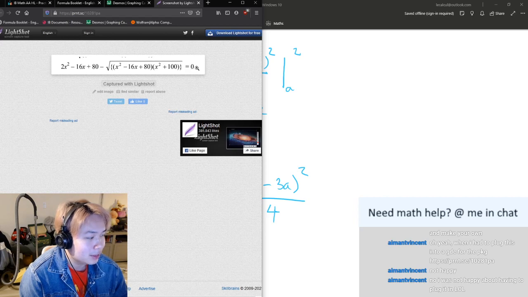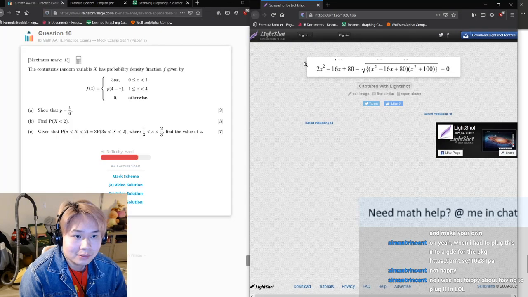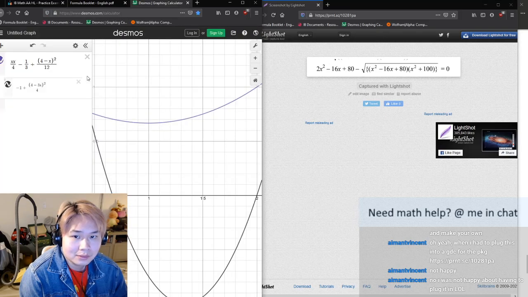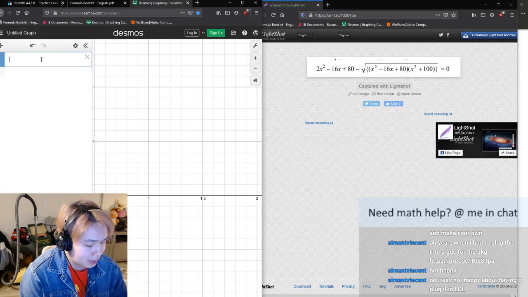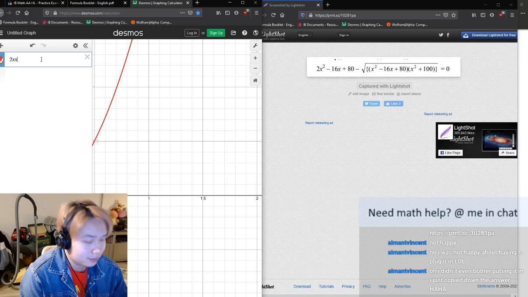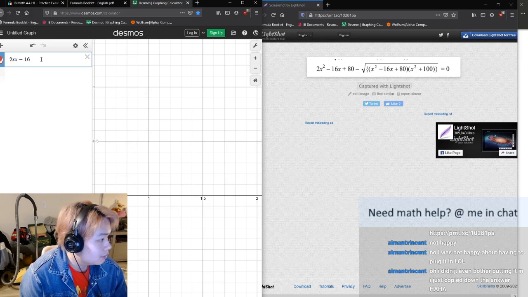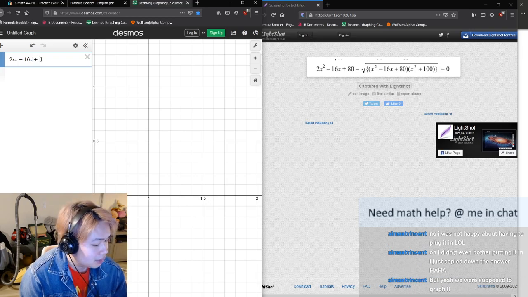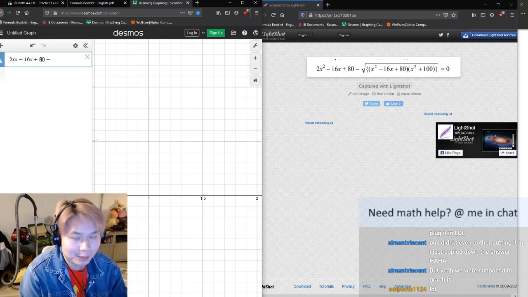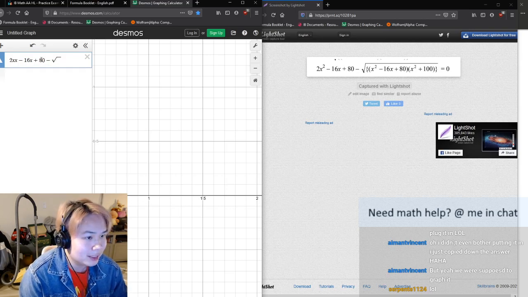And then you try to find out where it's an x-intercept? So 2x squared, then what do you mean your GDC is not happy with it if you didn't even put it into a GDC?